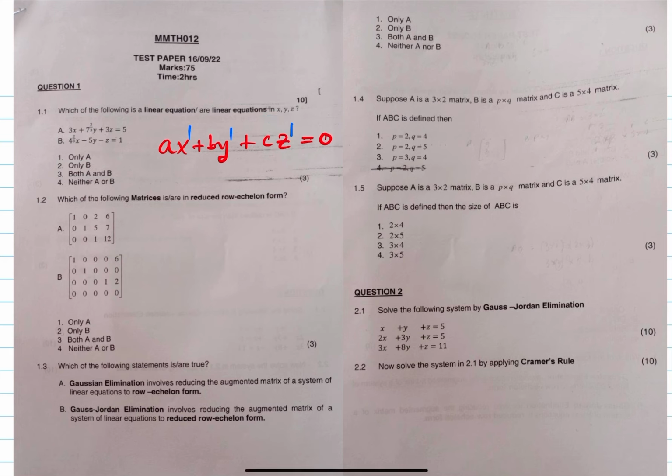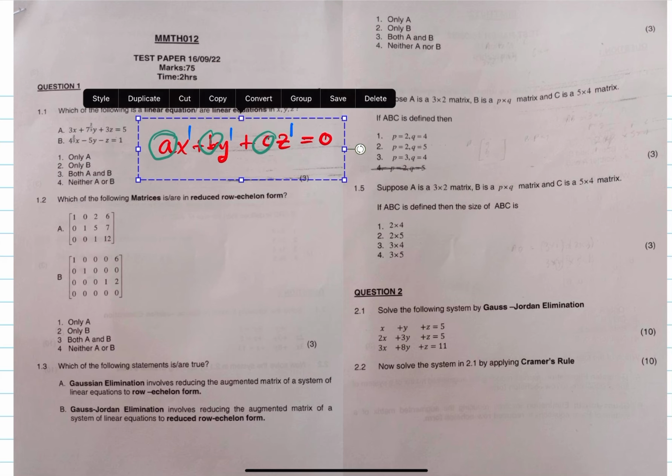In this case, we are in 3D. So we don't really focus on our constants there. We only look at the variables, which are x, y, z in this particular case. So they need to have the exponent of 1. In this case, if you look at the first equation, that is 3x plus 7 to the power 2 over 3 y, plus 3z is equal to 5.